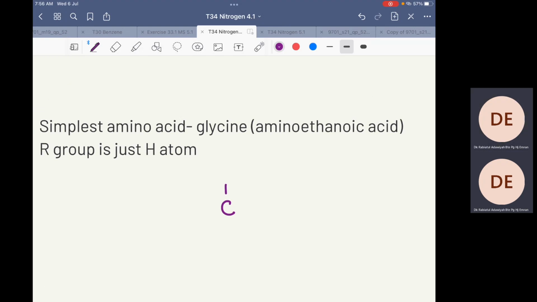You have a central carbon with an amino group, NH2, an acid group, COOH, a hydrogen, and your R group is now also a hydrogen.